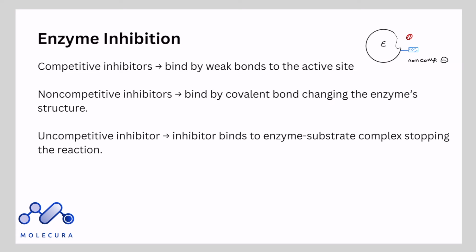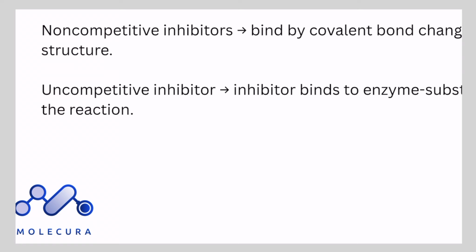Now, uncompetitive inhibitor is going to be when the inhibitor binds to the enzyme substrate complex, stopping the reaction from happening. So what happens in uncompetitive inhibitor is that you already have your enzyme and you already have your active site, and your active site is already occupied by your substrate. This is your substrate.